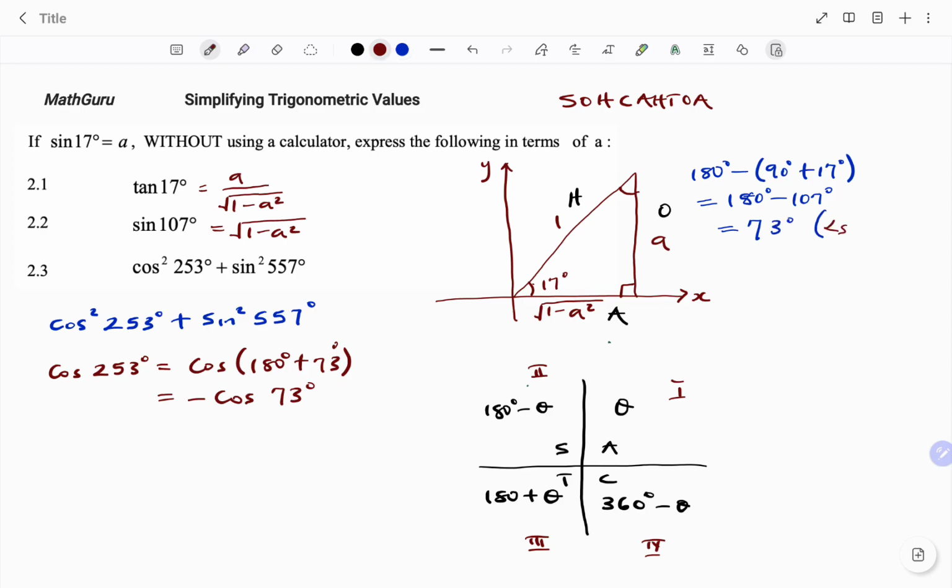So the last angle in my triangle is 73 degrees.